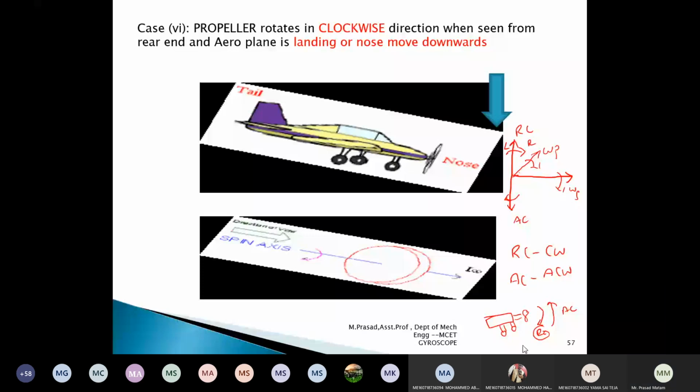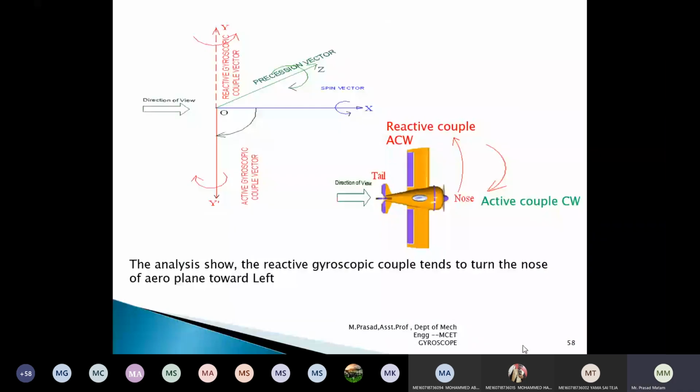Okay, right, you can see here. Positive x-axis, spin vector.